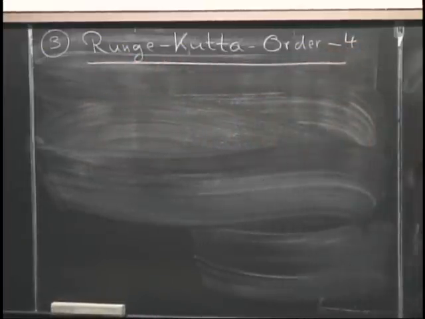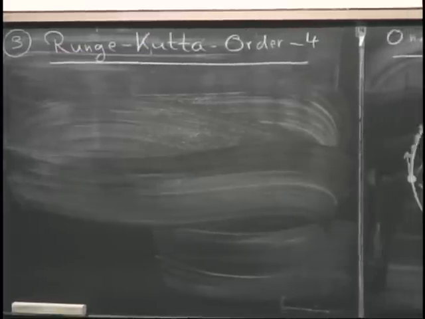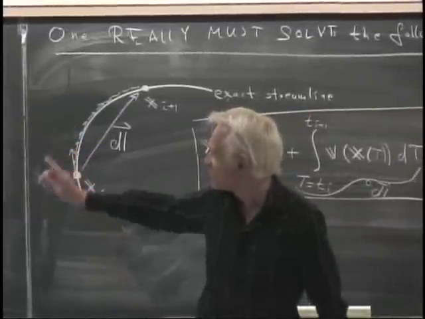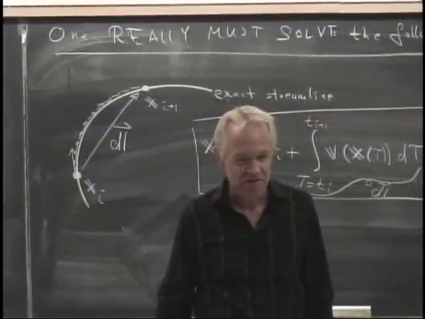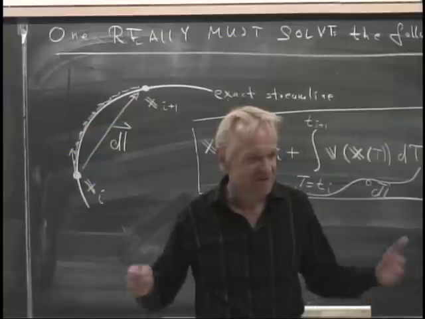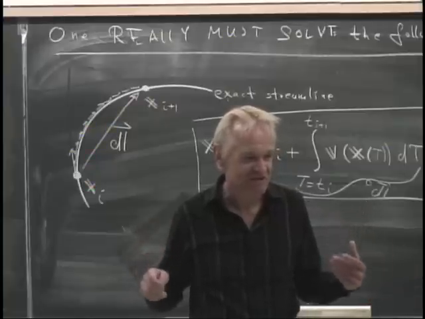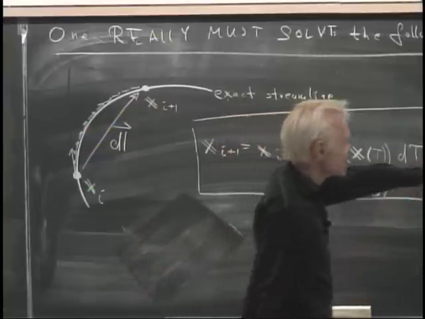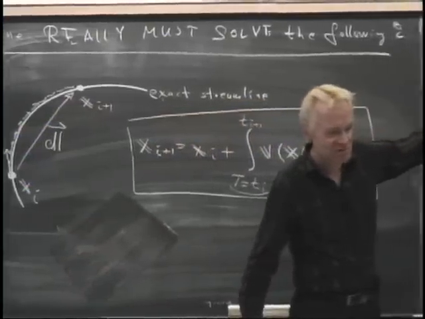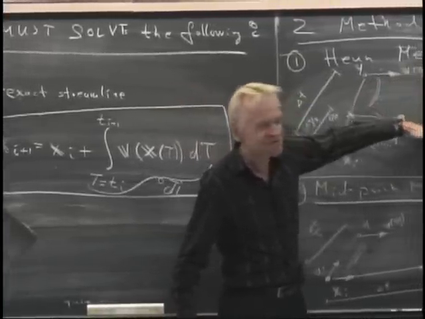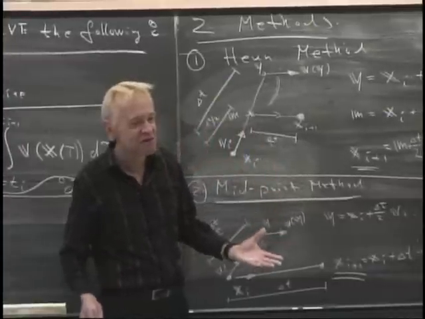The Runge-Kutta method of order 4 works pretty darn well for most applications. So the Runge-Kutta method of order 4, just grab it from the web. You will find many implementations of it. It's also a method like this, but it uses many, many more helper points and many more intermediate velocities and combines them in some magic way.